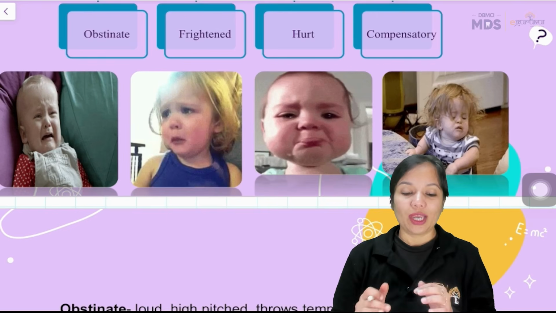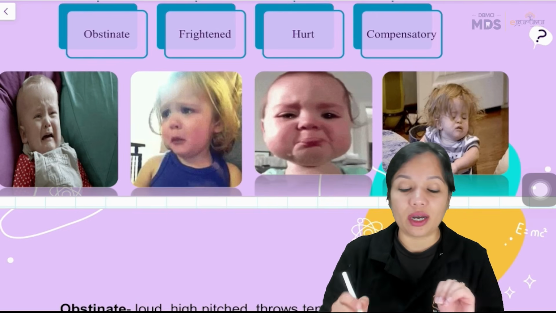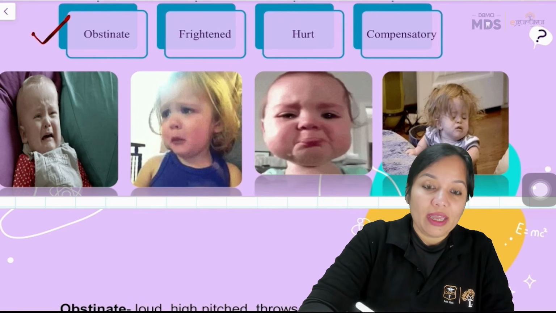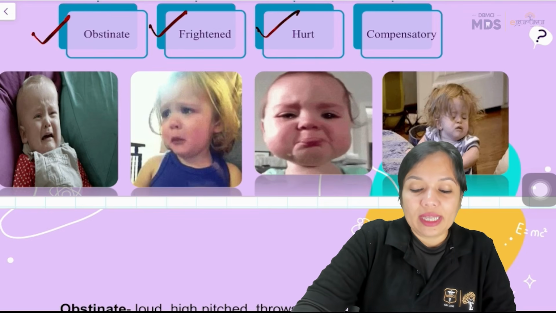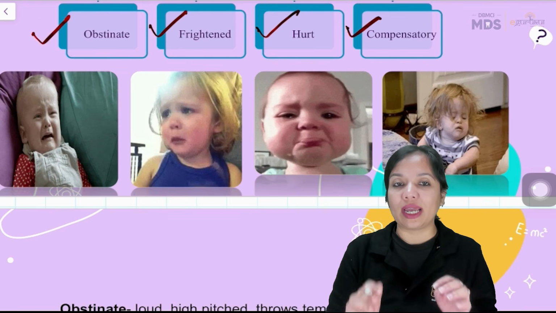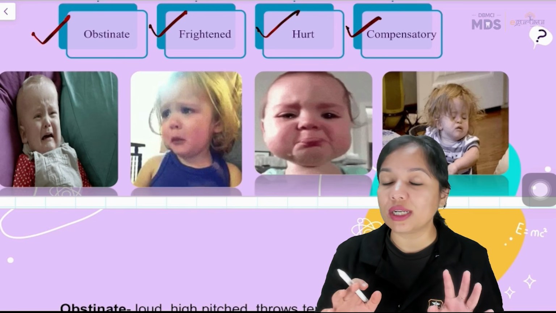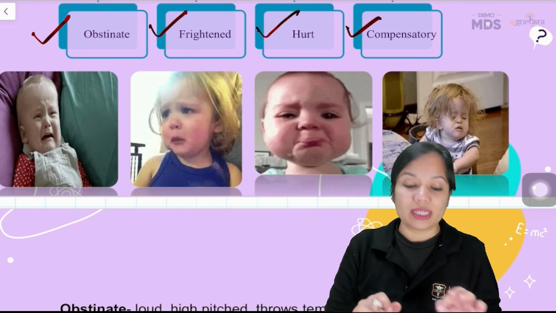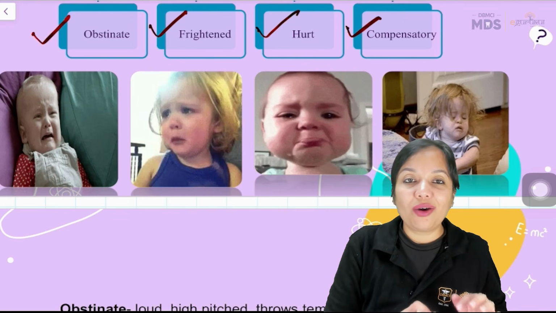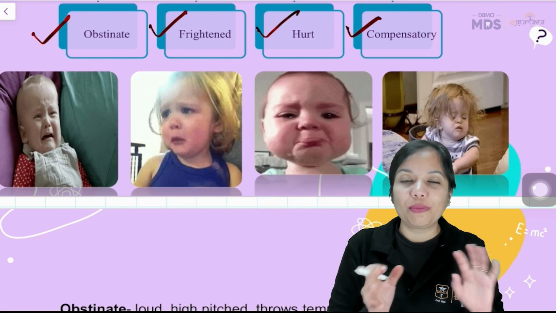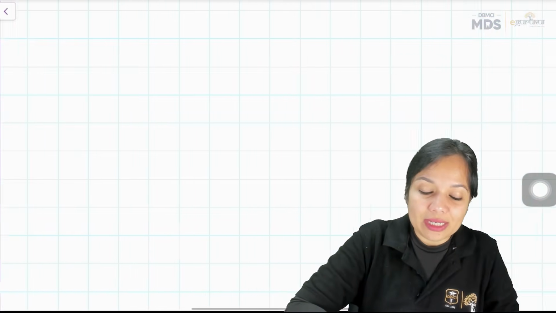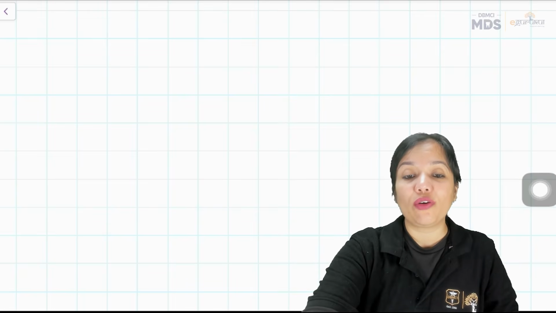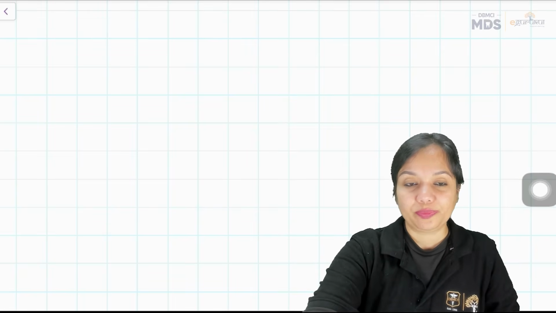The four types of cry are the obstinate cry, the frightened cry, the hurt cry, and the compensatory cry. Can you all see the different expressions of the babies? Let us one by one understand the meaning of these various cries.